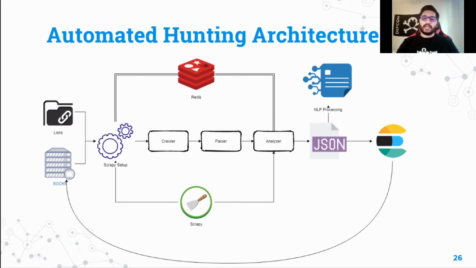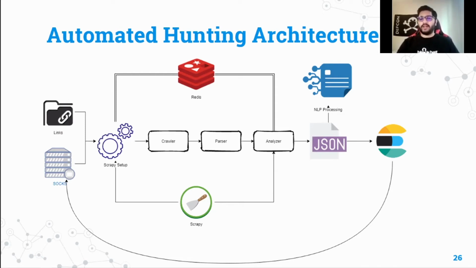The point of analyzing data here is that Scrapy is a multi-threading program, so it gets a lot of data in a short amount of time. For an organization, you don't need all the data you are getting. You need to cut down some data, analyze it, and only take the data you want. That's where your NLP processing, machine learning, or deep learning comes into place.